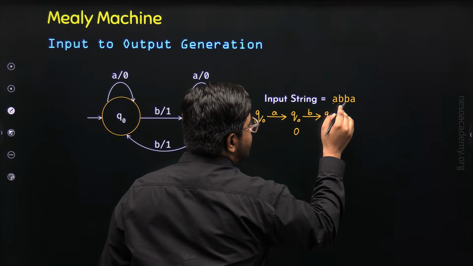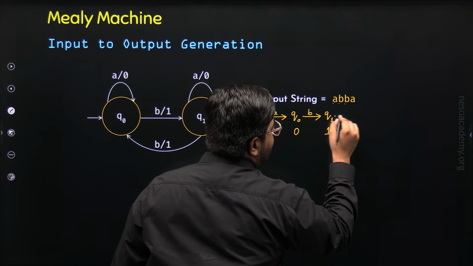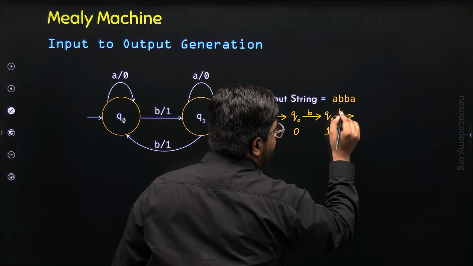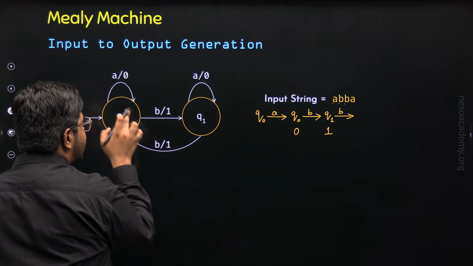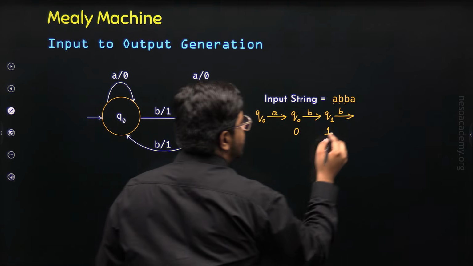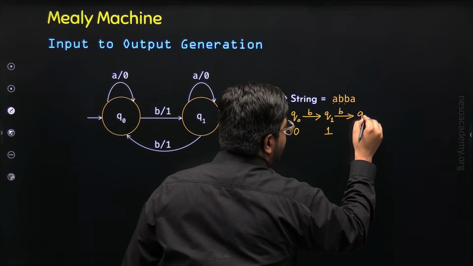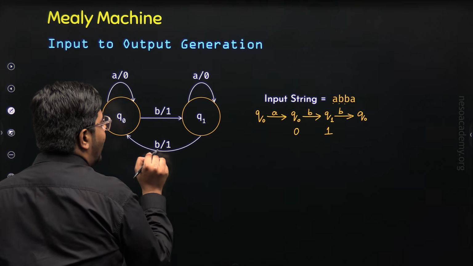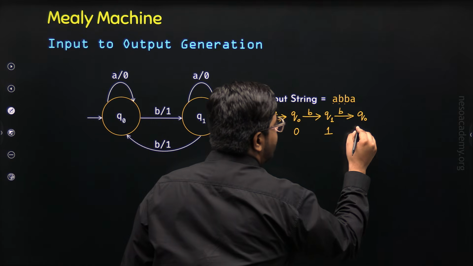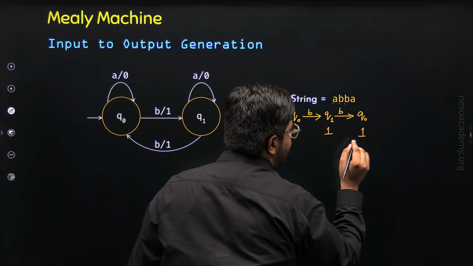Now the next input symbol is B. So we will check Q1 on B. Q1 on B gives the state Q naught. So we will get Q naught. Let's see the output. Q1 on B gives the output 1. So here we will get 1 as the output symbol.